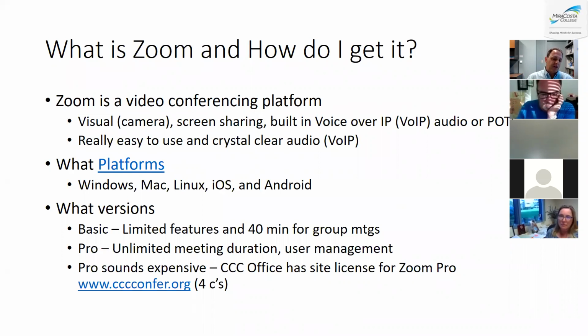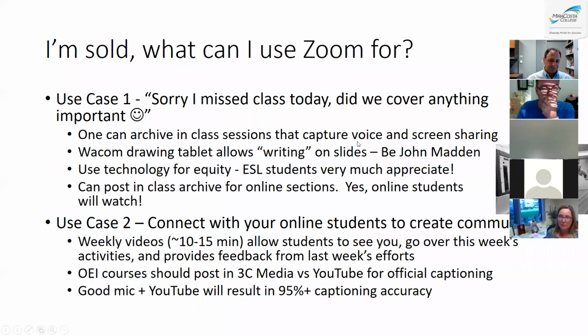The Pro version has unlimited meeting duration, plus you can do user management like I'm doing here with the participants and muting. The cool thing is through the Chancellor's Office, they have a site license for Zoom Pro, and it's absolutely free for us. So if you just go to this link right here, www.ccconfer, there's 4 C's in here, .org, you can sign up. It's quick, it's painless, and you're on Zoom Pro.